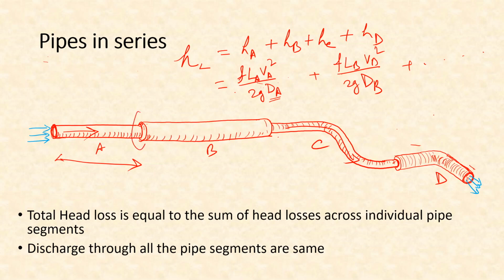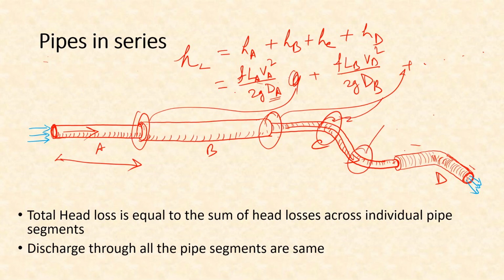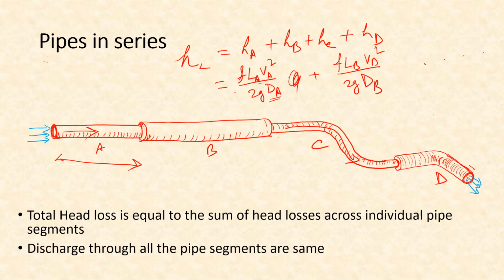That means the expansion loss will be added here, the contraction loss will be added after this, then these bends will also be added, then again this expansion, this bend, so all these losses will have to be added. So this is one equation that we got.